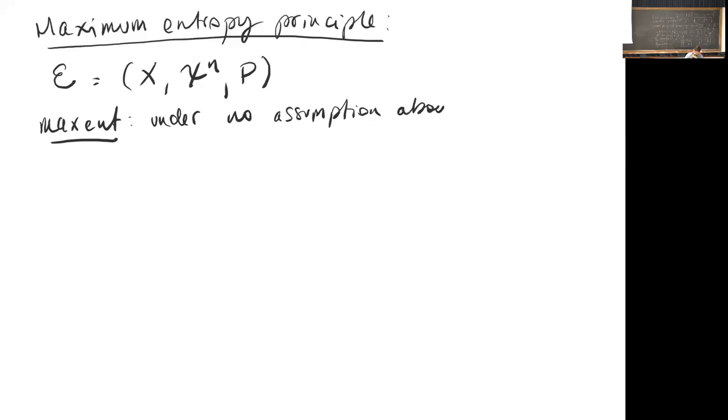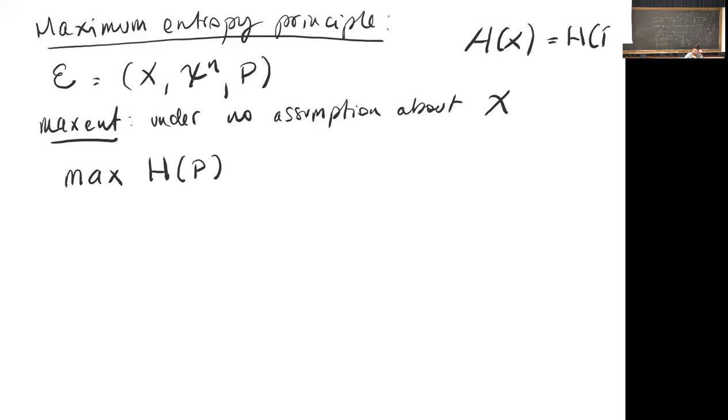You should maximize the Shannon entropy. And here I will use this alternative notation that I also introduced. You know that we can write the entropy of a random variable, which is the same as writing the entropy of its distribution, because the entropy is a function of the distribution. It's minus the sum over x of p(x) log p(x).